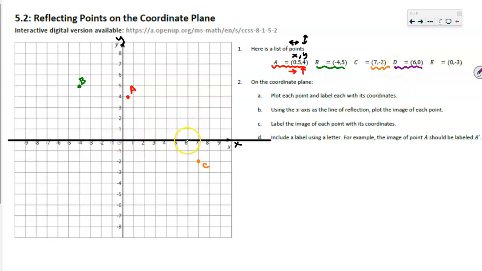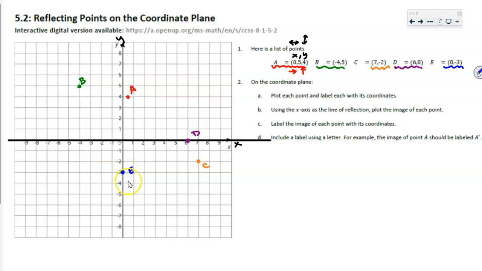That means I'm going to go over 6 and up 0, so I'm actually going to stay on the x-axis. And E is over 0, up -3. Again, that's over 0, so I'm going to stay on the y-axis. Up -3 means I'm actually going down 3, and that's going to be point E.